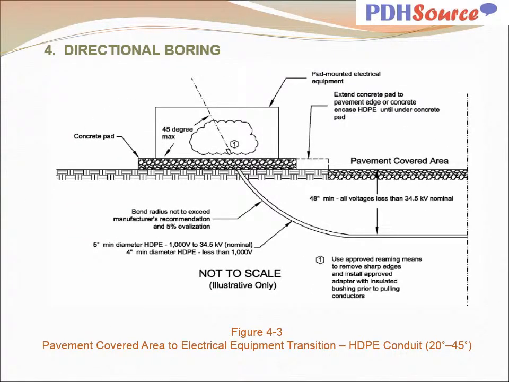Figure 4.3 indicates pavement covered area to electrical equipment transition for HDPE conduit, 20 to 45 degrees.